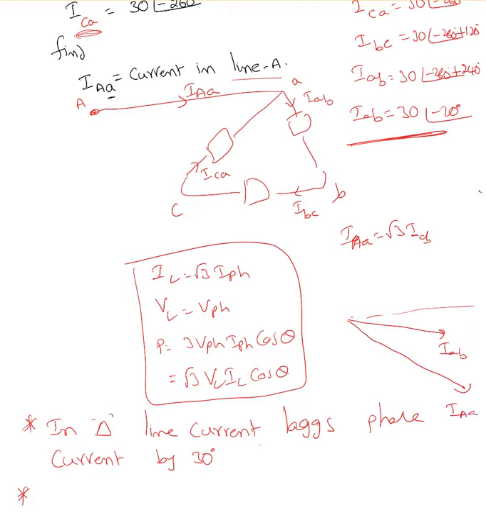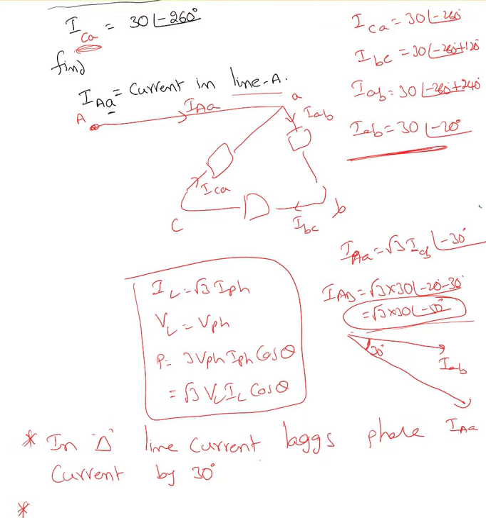The angle between these two is 30 degrees, and IAA must be lagging, so lagging is down there. So IAA must be square root 3 times IAB at an angle of the given angle minus 30 degrees. So IAA must be square root 3 times 30 at an angle of minus 20 minus 30. So it will be square root 3 times 30 at an angle of minus 50 degrees. That's the final answer, IAA.